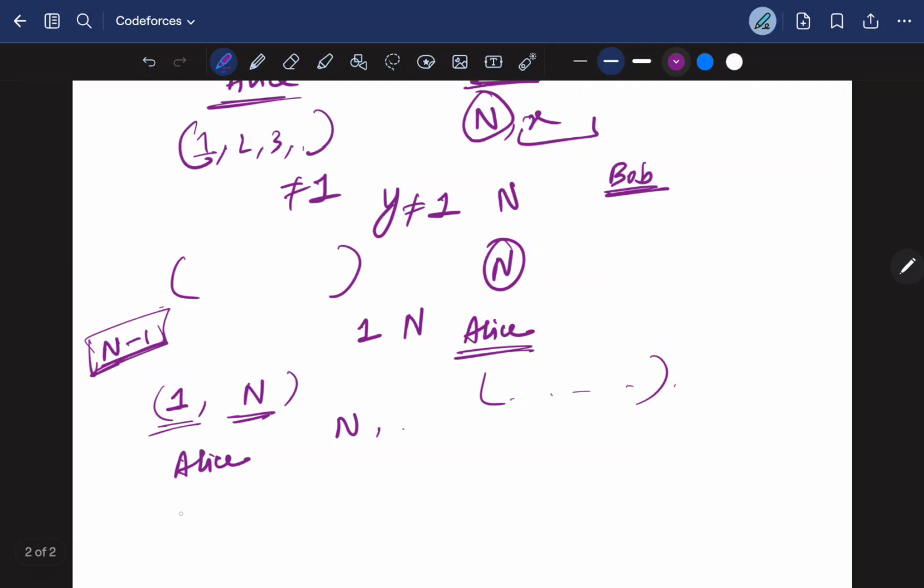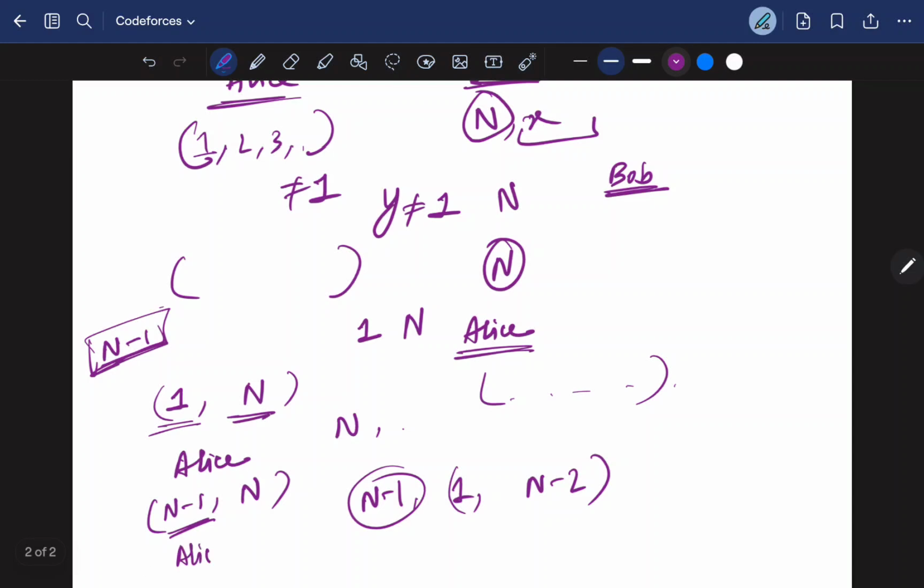If she has the n-1 card and n, since the n-1 card can only be beaten by the last card and the last card belongs to Alice, she will always play n-1, and no matter what Bob plays, she knows that she will win anyway. Bob can have any card between 1 to n-2, it doesn't matter. Alice will always win this game. If Alice doesn't have the first card and the n-1th card, in that case Bob will win.